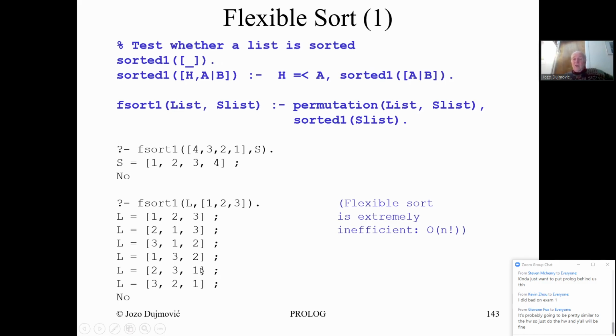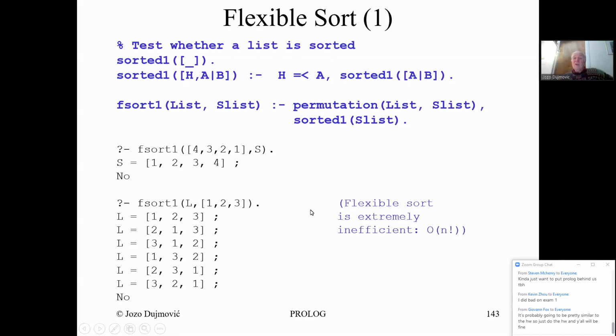And of course, this sort program is trivial and it is flexible. However, unfortunately, it has factorial complexity. So nobody will sort in this way. But this is a toy program that shows flexibility as something that is supported in PROLOG.